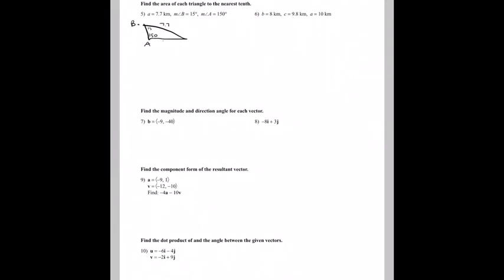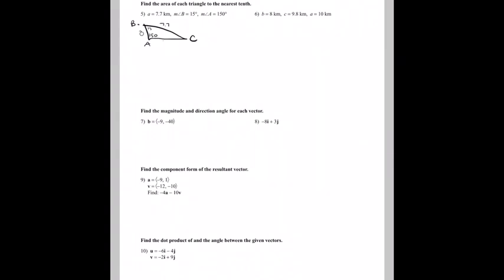Let's find angle C first, and then decide what side we're going to find. Angle C is easy to find. We just add the two given angles. 150 plus 15 is 165. If you take 165 from 180, you get 15. So angle C is a 15-degree angle.